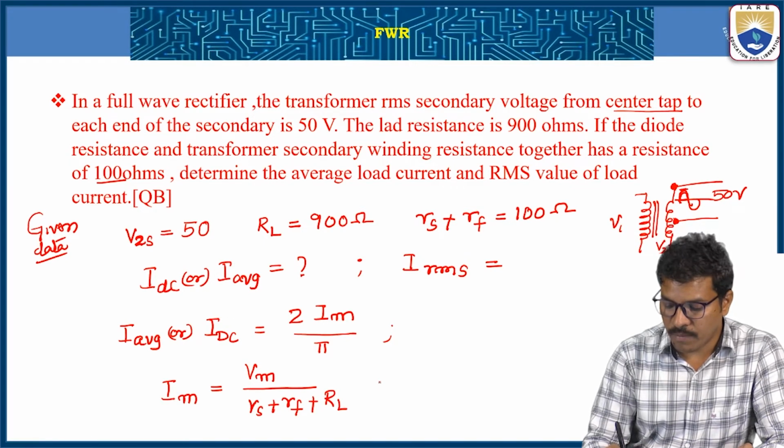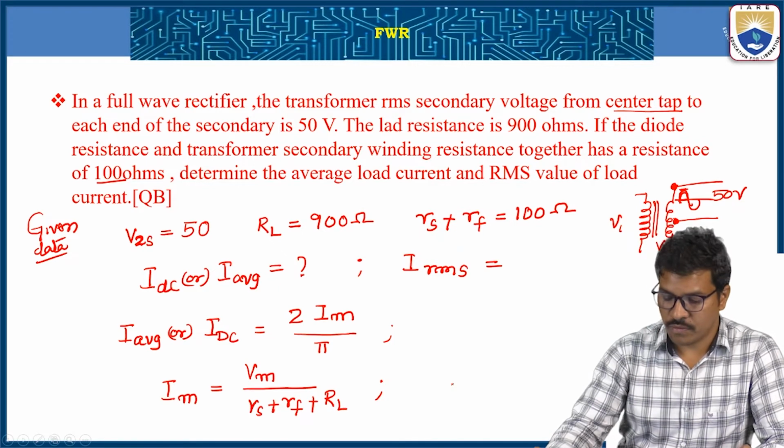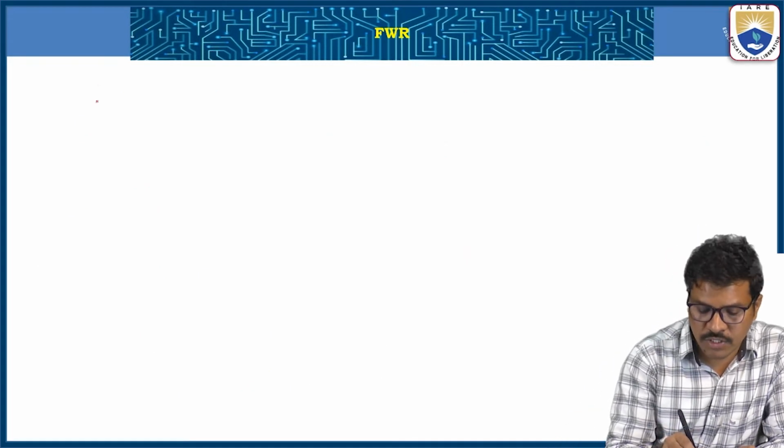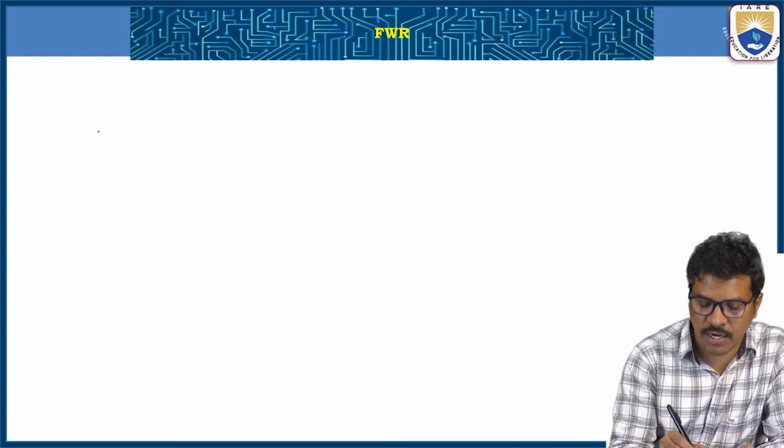How to find Vm? Once you have Vm, you substitute it into Im, and once you have Im, you substitute it into IDC.